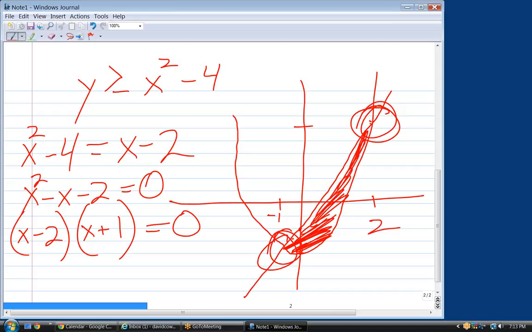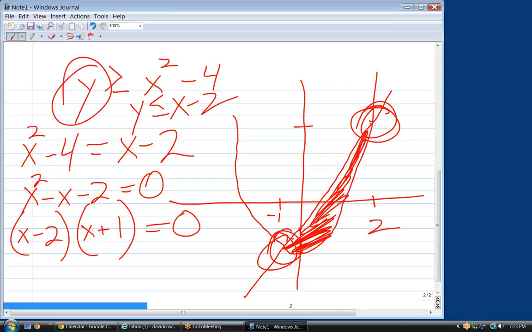Now, to get the y coordinate, I just go into that. Or what was my second equation? y is less than x minus 2. Yeah. So when x is 2, y is 0? Yeah.